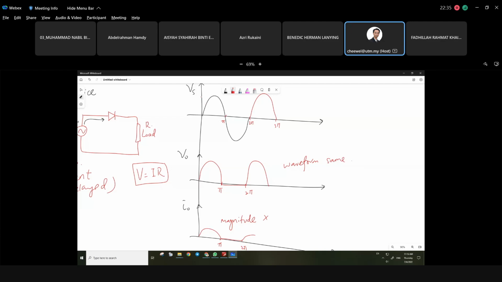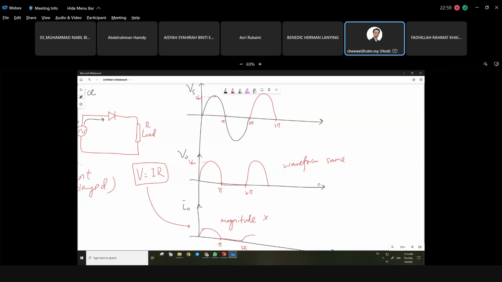Please label them completely with the VM. VM stands for the maximum peak voltage. This peak current we will get from the Ohm's law calculation. Now, if we change this to RL load, let's go to the right-hand side.